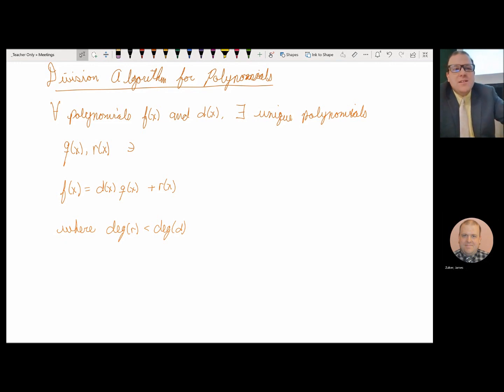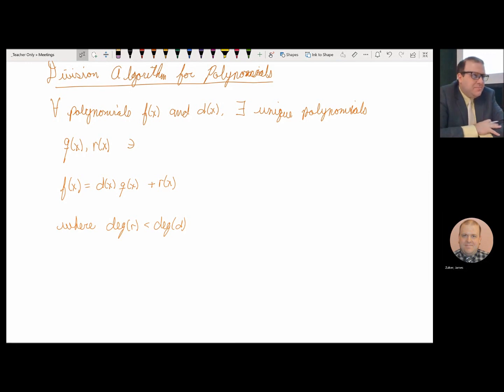Technically speaking, a constant is a polynomial. So 9x squared, that's a polynomial. What's a monomial? A monomial is a polynomial of a single term. But they're all still polynomials. A binomial is a polynomial of 2 terms. But it's still a polynomial.